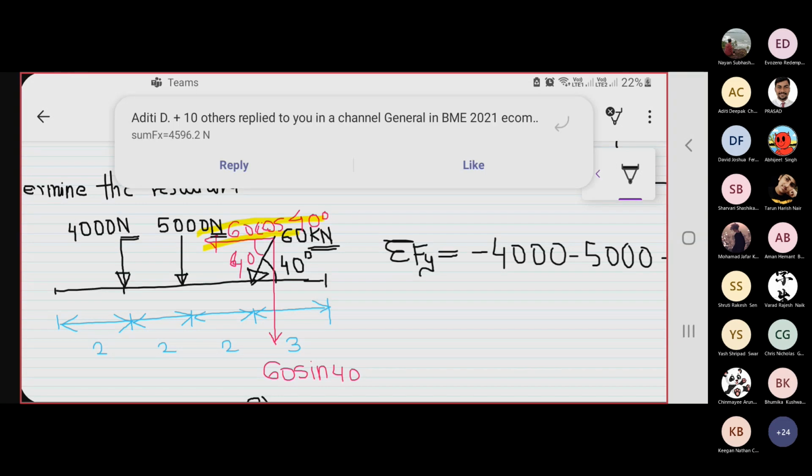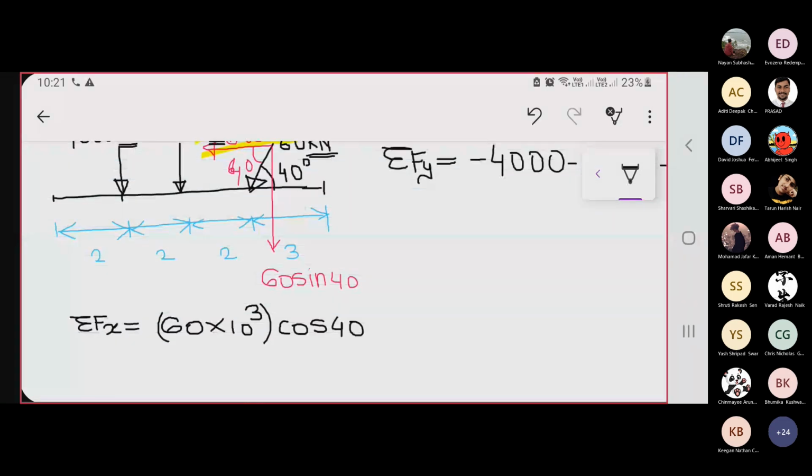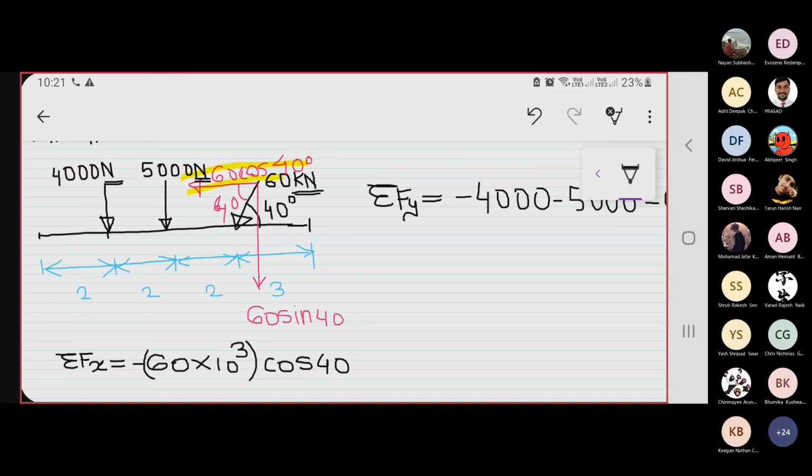Yeah, apex also should be in minus. Good. Apex should be in minus.